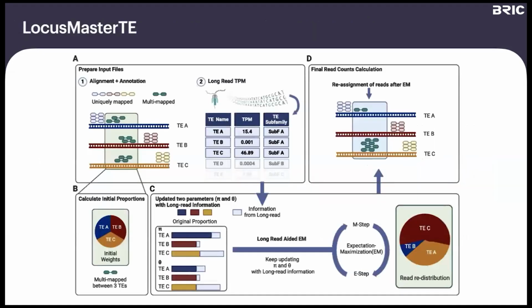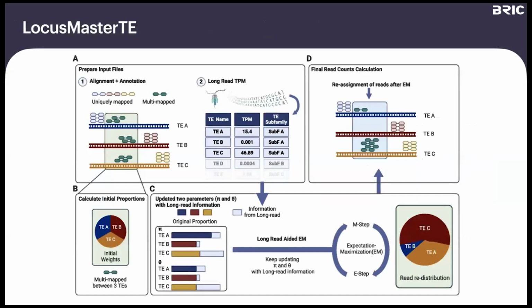So to address the challenge in TE quantification, we have developed a tool called LocusMasterTE. Essentially, what our tool does is integrate long-read information as a prior term into the EM model while quantifying short-read RNA sequencing. The reason we still want to quantify TEs in short reads is that many of the cancer cohorts, like CPTAC or TCGA, are in short read.